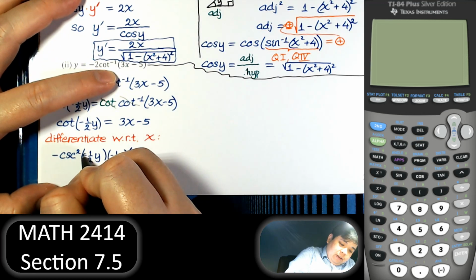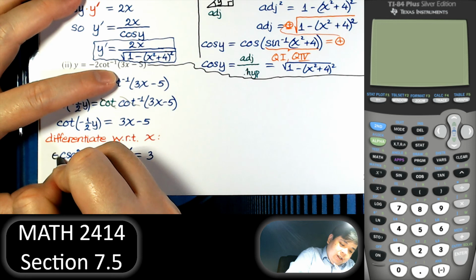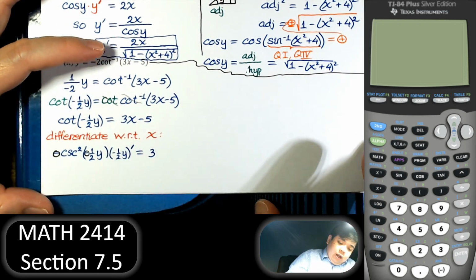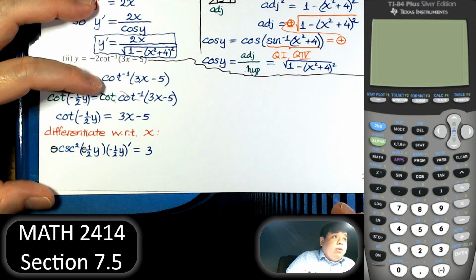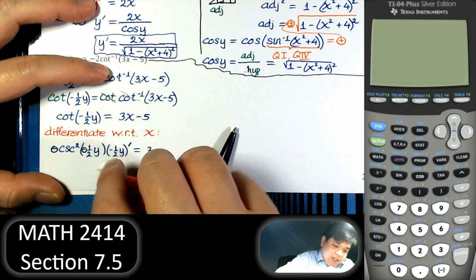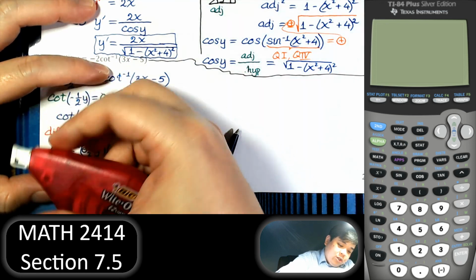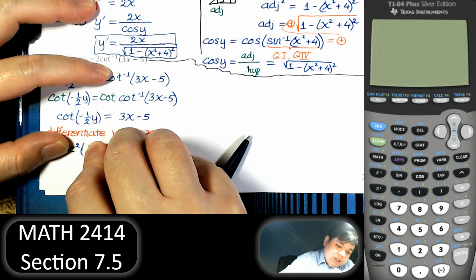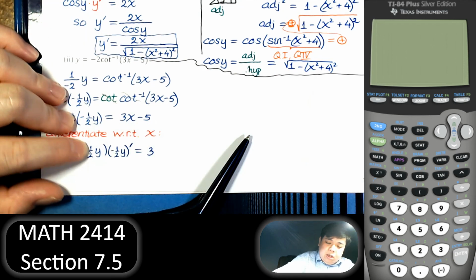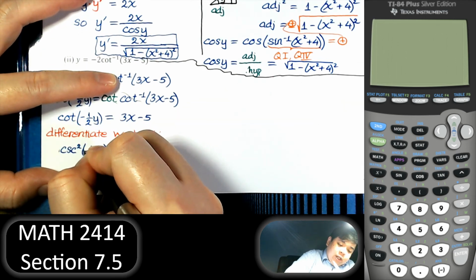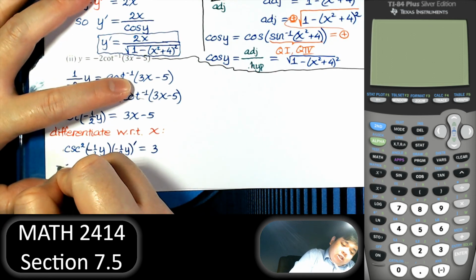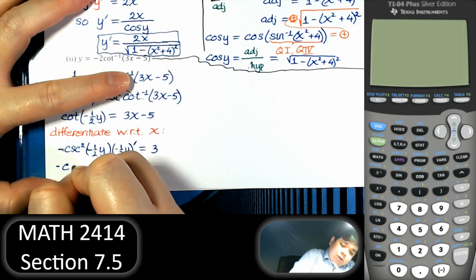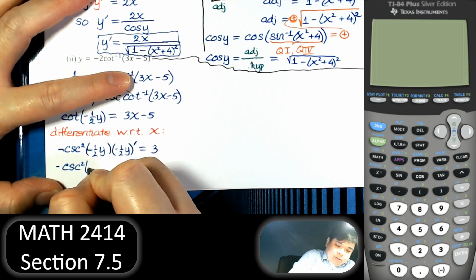So we have a negative and a negative, so it will be 1/2, but we cannot do that, sorry. The negative here is inside the cosecant square, so we cannot do anything with it. The only thing we can do is that we still have negative cosecant square of negative 1/2 y.